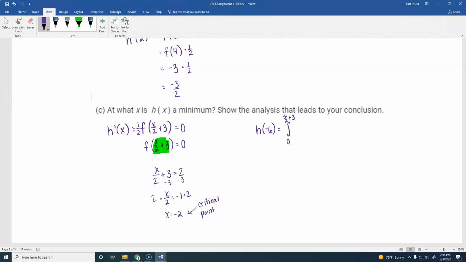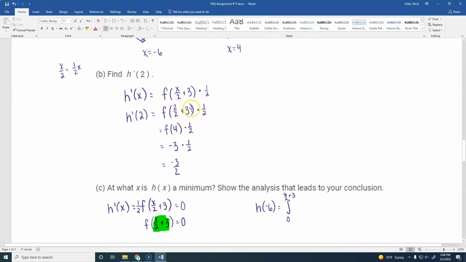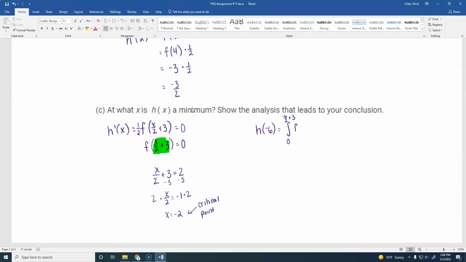Right, we're plugging in x, using this equation right here, plugging in x for that. And negative 6 over 2 plus 3 is 0, so it's the integral from 0 to 0 of f of t dt. And anytime we integrate from a limit to that same number, we just get 0.